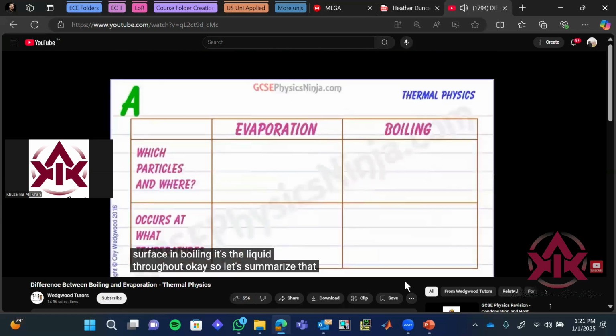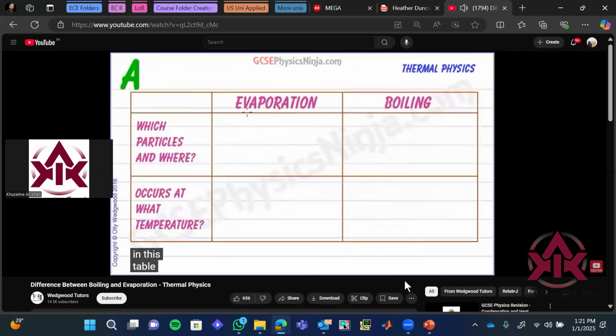Okay, so let's summarize that in this table. Evaporation. Which particles are involved?